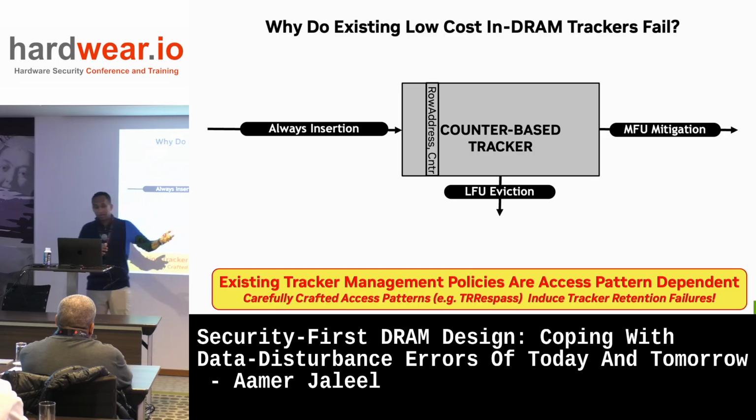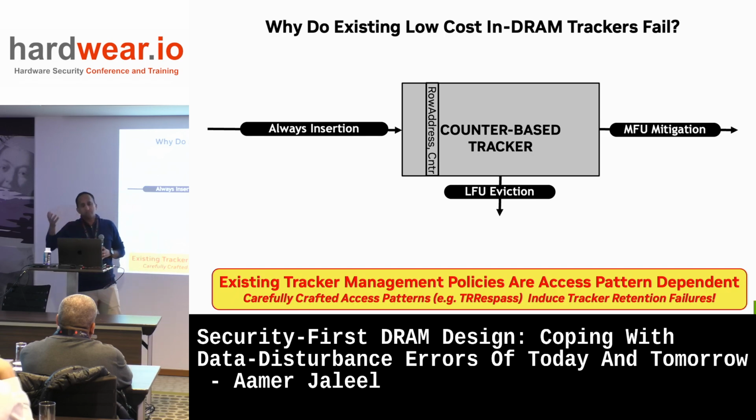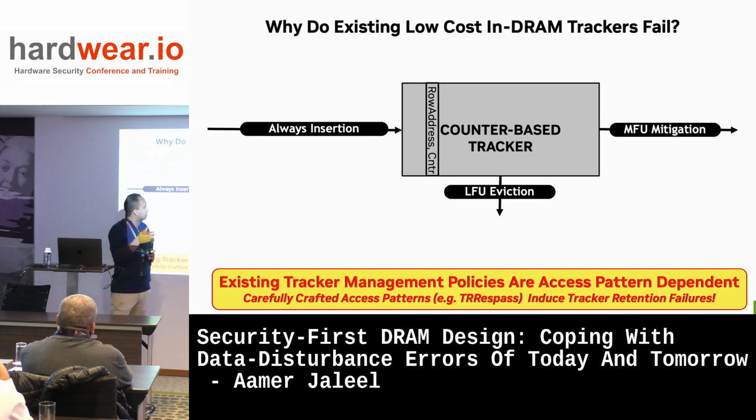It's a counter-based tracker. It has addresses and counters within it. You always insert into the tracker. If you get a hit in there, you increment the counter. If you miss, you evict the least frequently used line. And then when it's time for mitigation, you consult this tracker to find the address that has a high counter value, and you mitigate that, right?